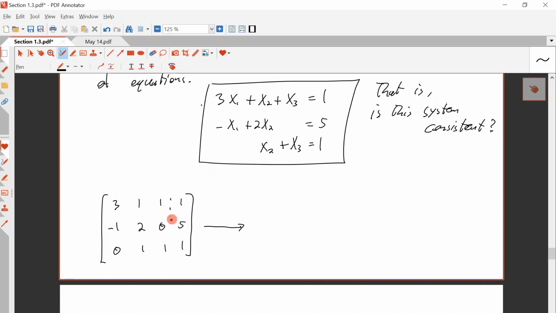So now we're going to do our elementary row operations to get this down into row echelon or reduced row echelon form. For this column, I want to move row 3 to row 2.